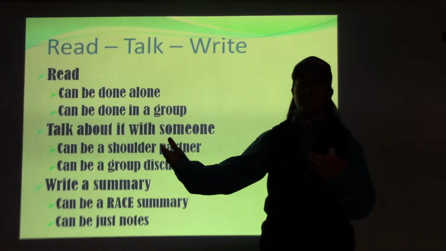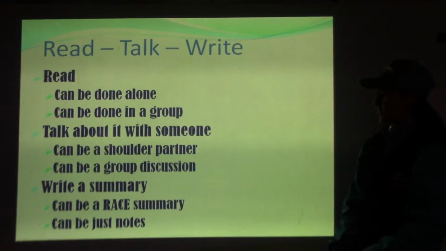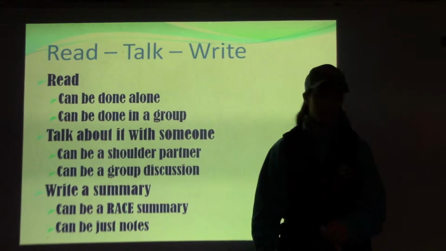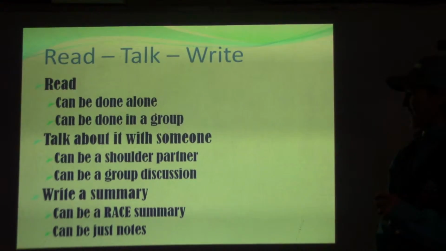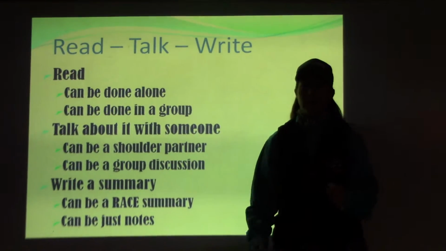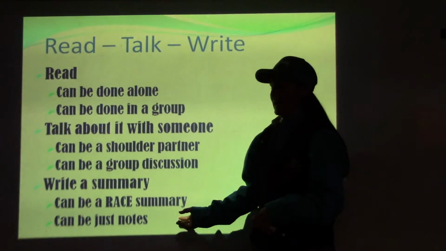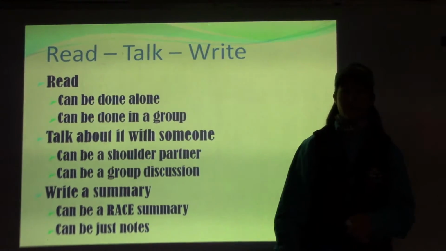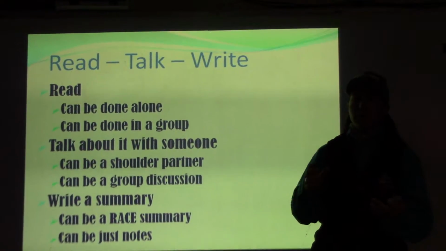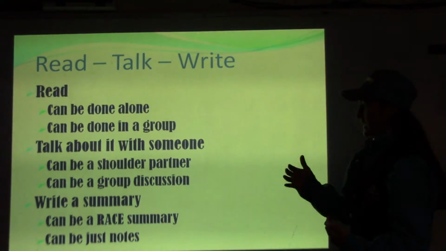They read for 10 minutes, and then you have them discuss what they read with the person next to them, and then of course write a summary. In my class, I usually have them write a RACE summary depending on how long the material was that they read, but it can also be just notes in a notebook that sum up what they read, regular notes that they can study later.